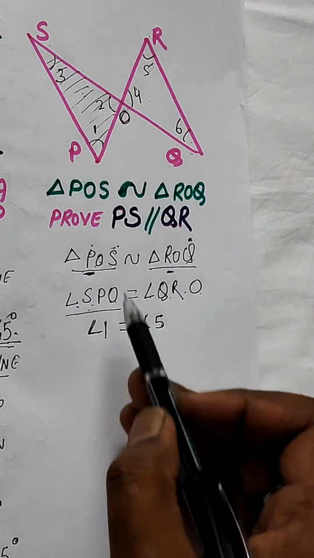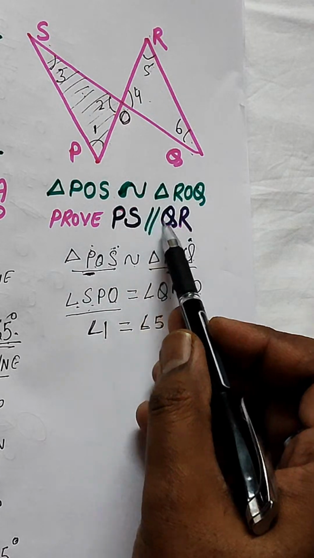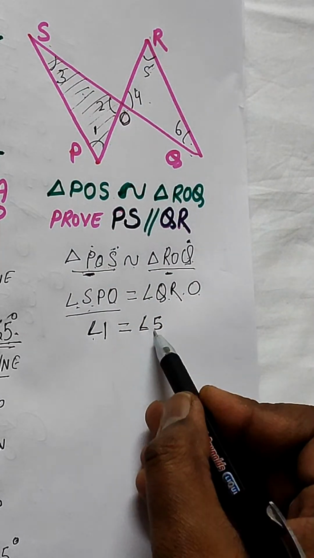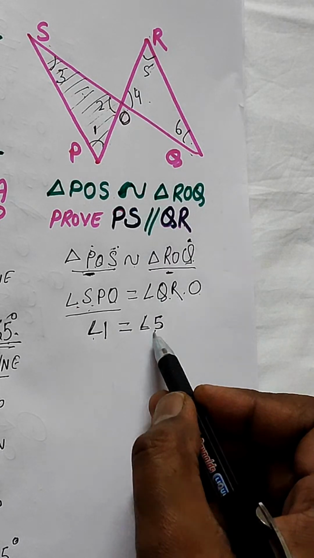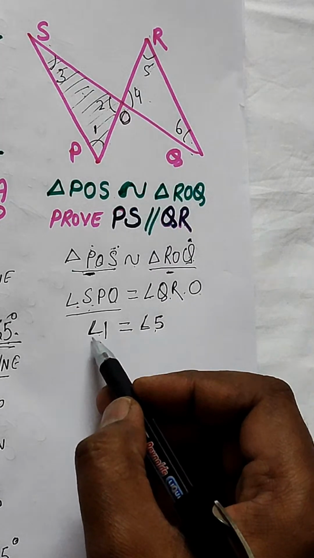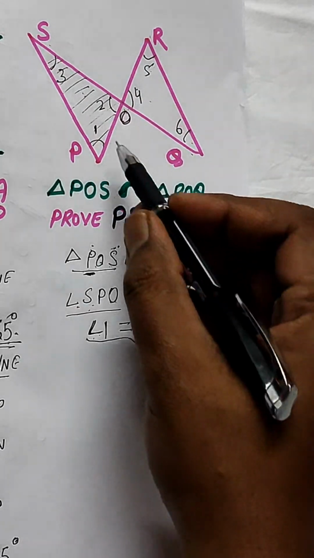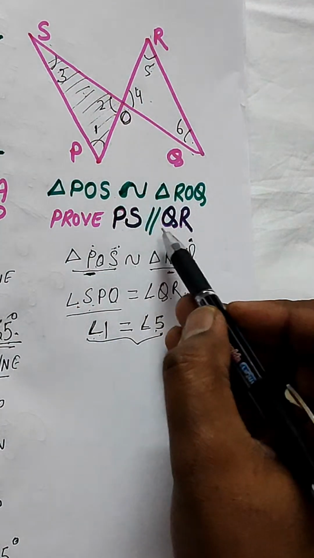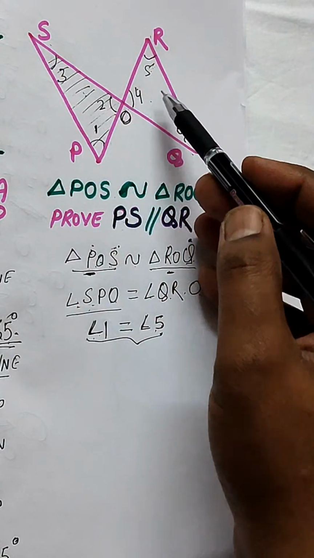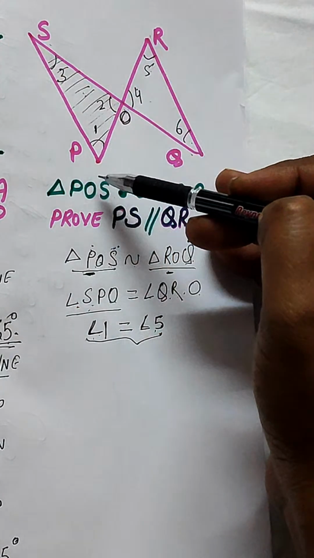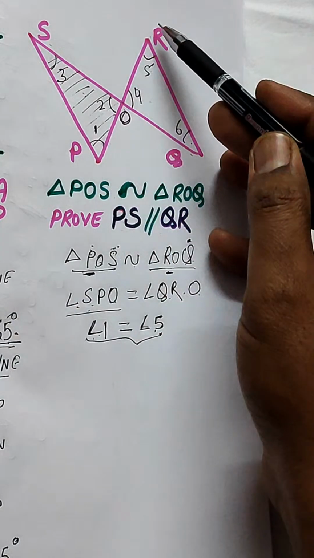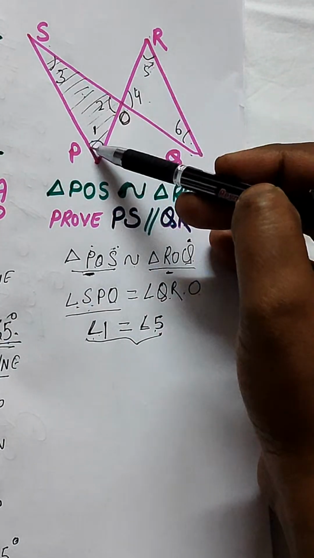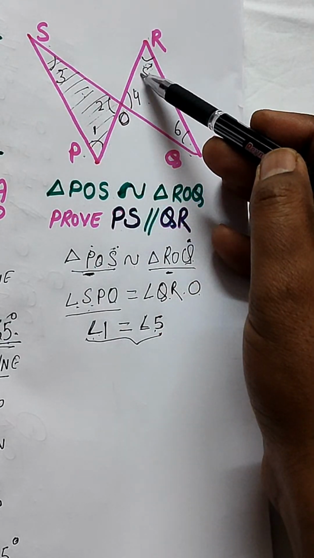So we have to prove that PS is parallel to QR. Since angle 1 is equal to angle 5, can't we say that PS and QR will be parallel lines, and PR is the transversal cutting both the parallel lines, and in this way angle 1 and angle 5 are alternate angles.